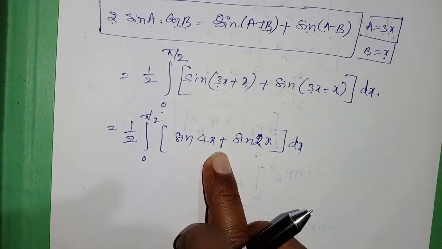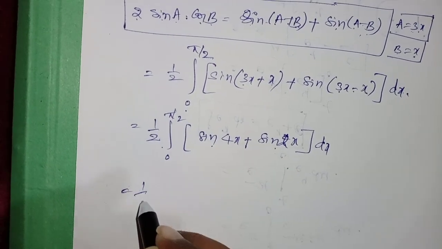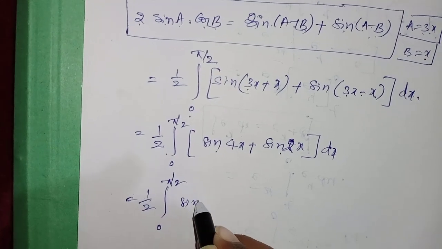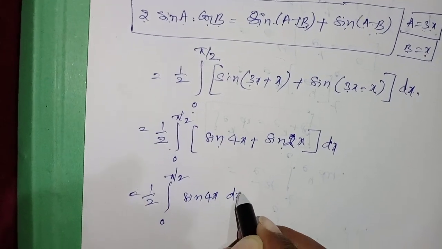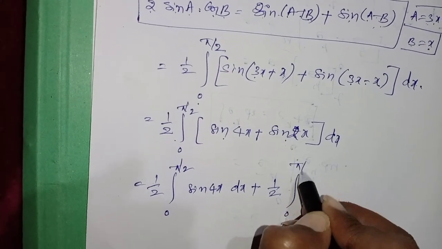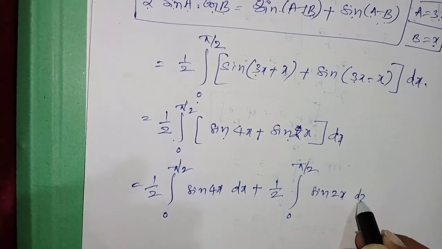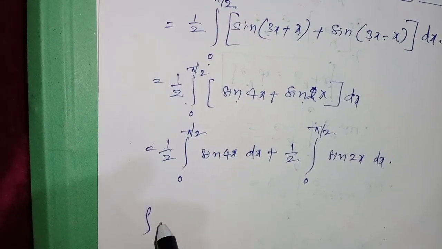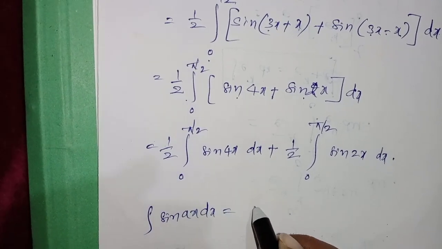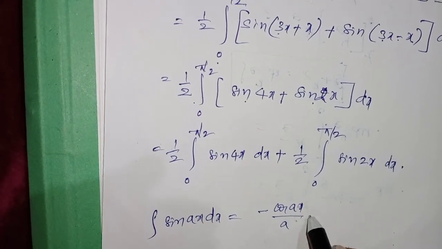See here addition, so split the integral into first one and second one: 1 by 2 integral 0 to pi by 2 sine 4x dx plus 1 by 2 integral 0 to pi by 2 sine 2x dx. We know that the integral of sine ax dx is equal to minus cos ax by a plus c.